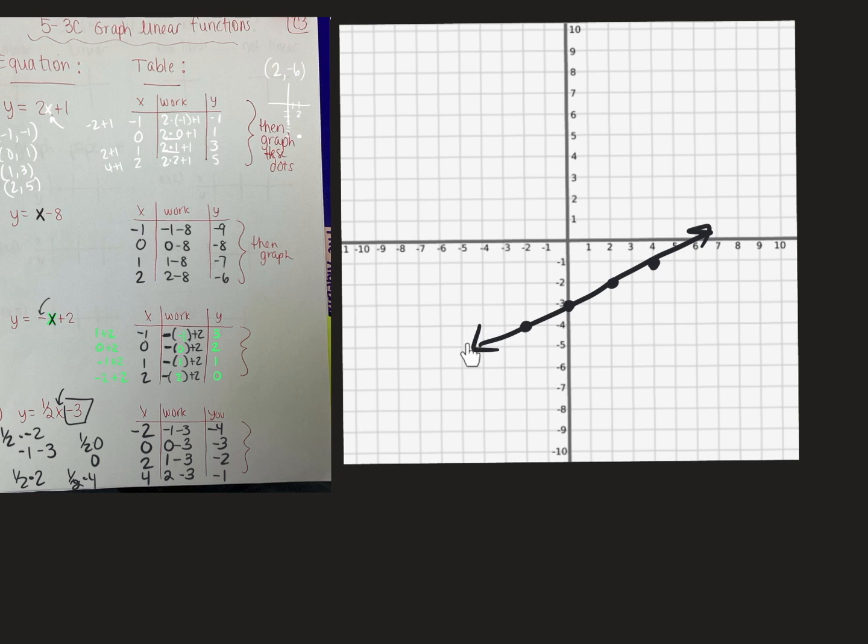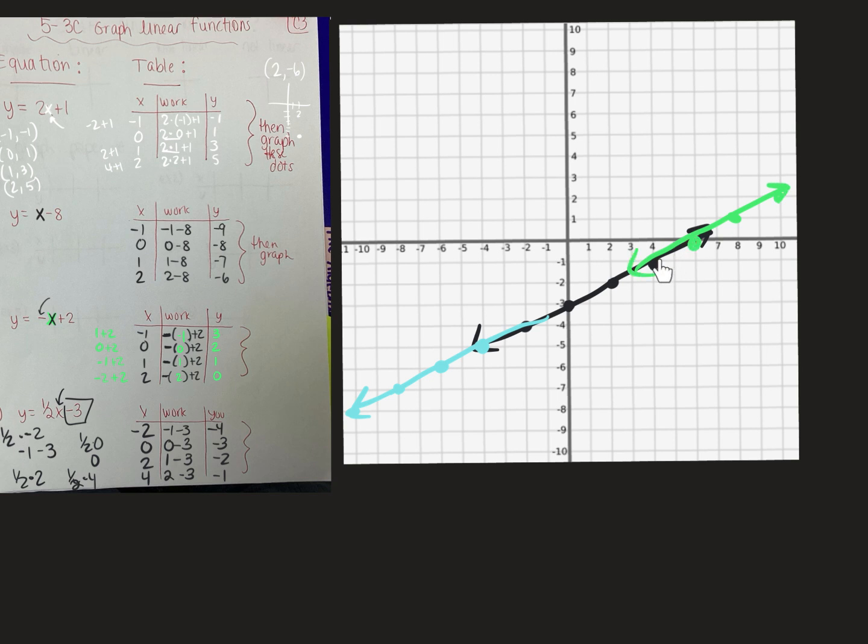And the line goes on forever if you include these arrows, because technically somebody could have picked a negative 4, or they could have picked a negative 6, or they could have picked negative 8, or they could have picked negative 10. And that's all part of that same line. Or they could have come up here and picked 6 or 8 or positive 10. All of that is on the same line.